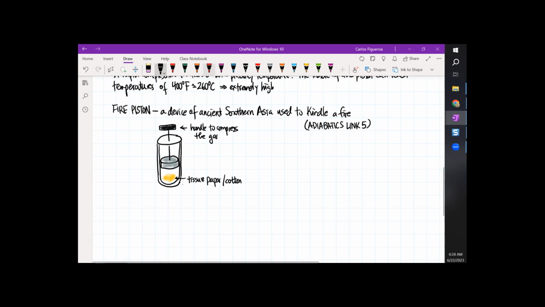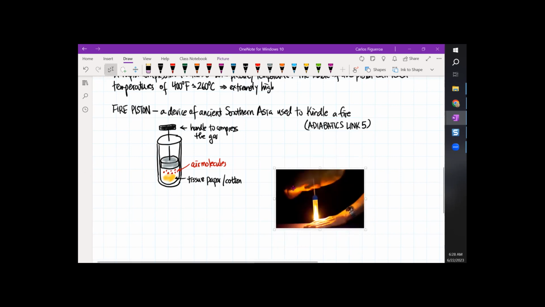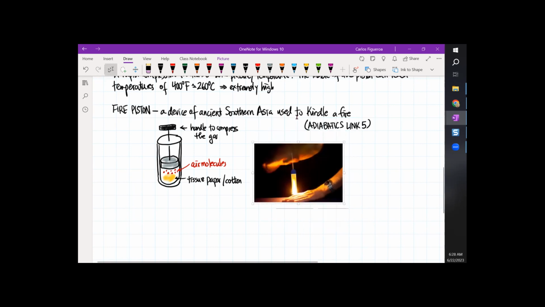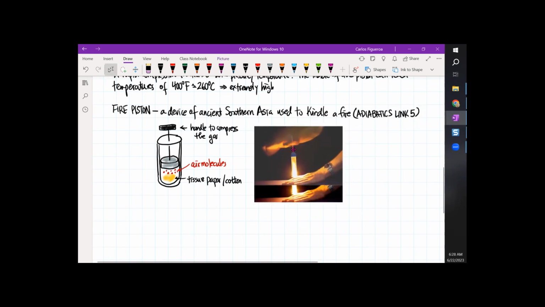And then you have a series of air molecules right in here. Now, if you compress this fast enough, here's a high-end image. It looks like this. Here's an image of the compression, and you could see that it definitely lights up.